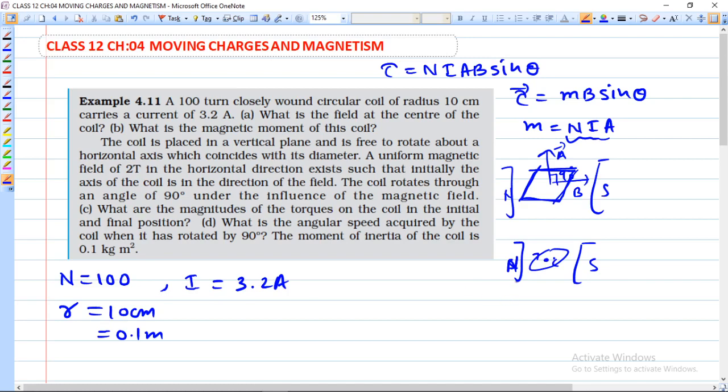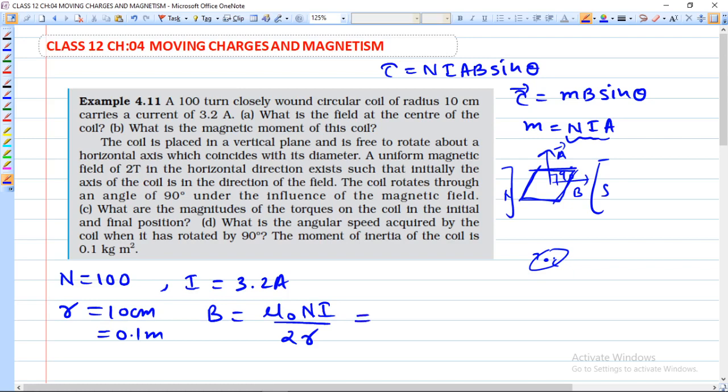It is not given that the circular coil is placed in the magnetic field, so first of all we will not consider that. Now, what is the magnetic field at its center? We have calculated that formula many videos before: mu 0 N I upon 2R.